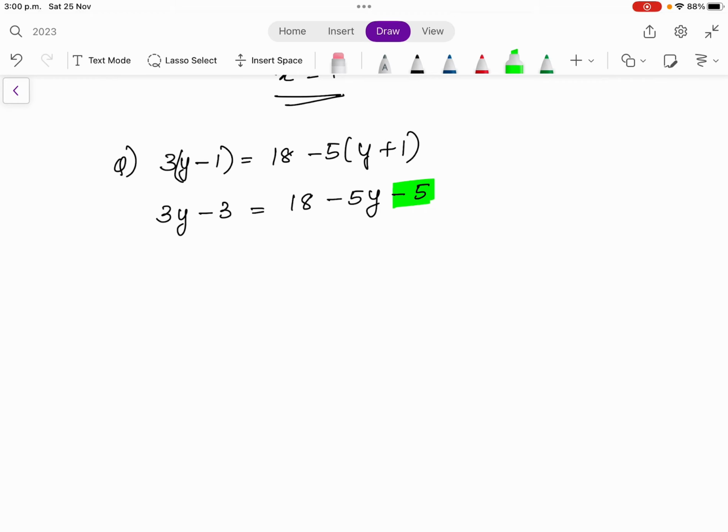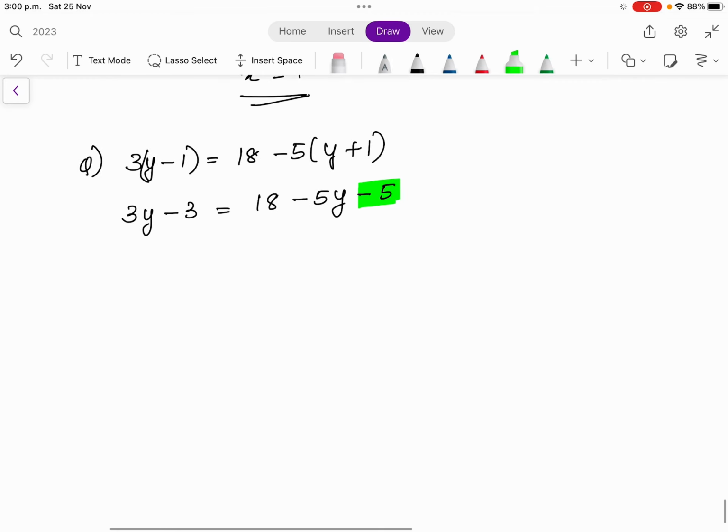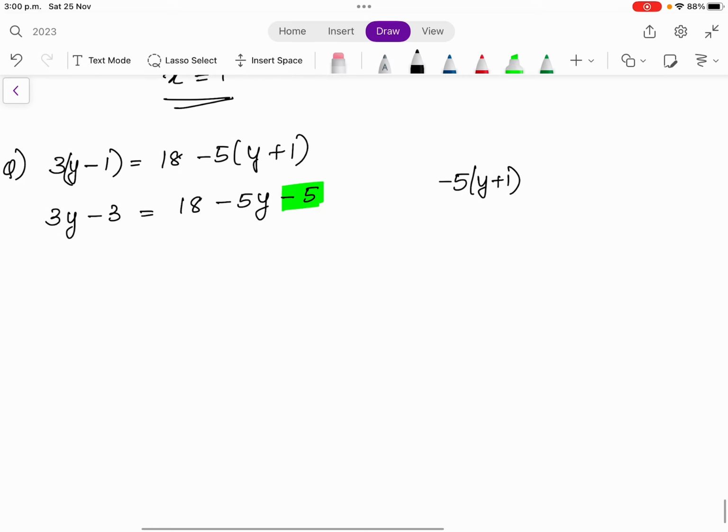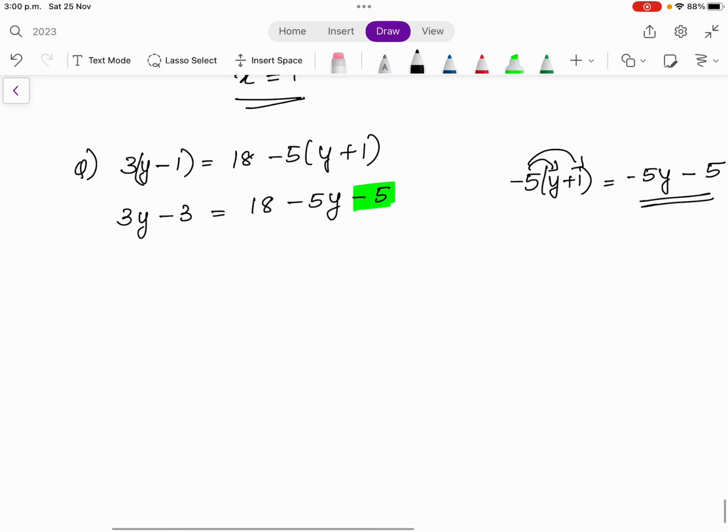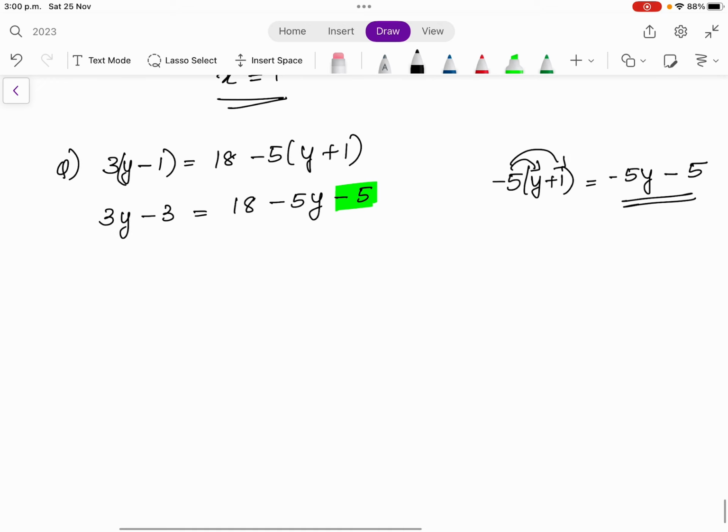Many people make that mistake. Let me just explain it here. Minus 5 times (y plus 1) is equal to minus 5y, this one, and again this one, so minus 5. So you're multiplying minus 5 to both the numbers, and that is why we get minus 5 minus 5. So many people make that mistake, so please make sure that you don't make it.